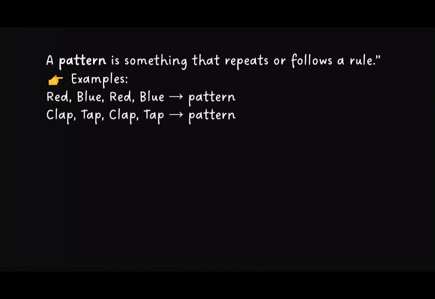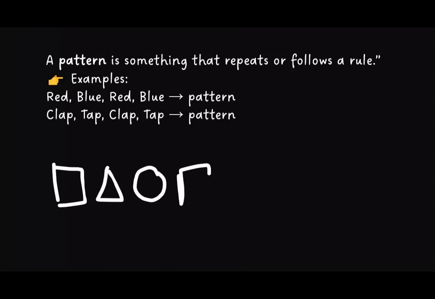In the same way, let's say we have a square, and after every square comes the triangle, and after every triangle there will be a circle, and after every circle there will be a square. So here we have three shapes following a rule, and they are making a pattern.